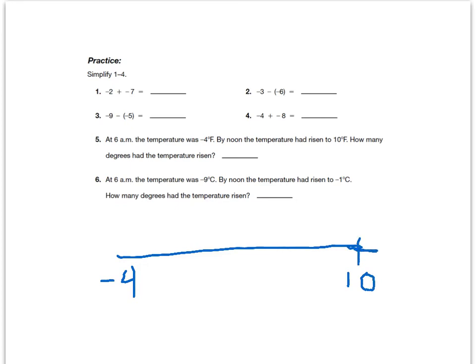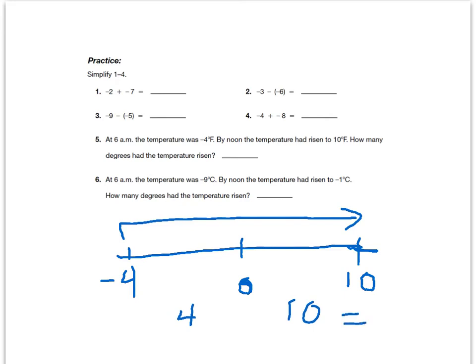So I'm going to put something here at 10 degrees, and I'm going to say, well, how would I model this problem? If I did it on a number line, I know that the answer is how far it is to 10. Well, we know that if we put 0 in, it'll be easier because it's going to take me 4 to get up to 0 and 10 more to get to 10. So together, it had to go up 14 degrees.